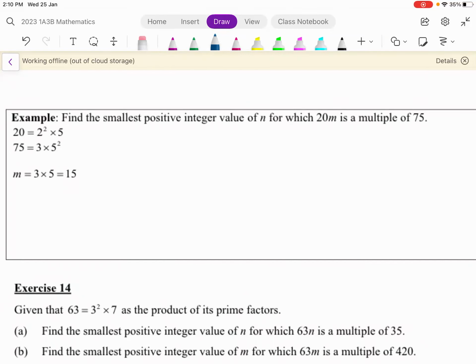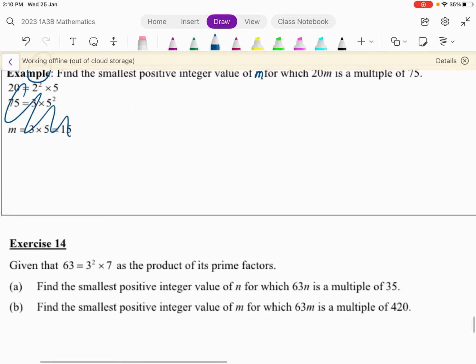Find the smallest positive integer value of m. Please change this to m, for which 20m is a multiple of 75. And then you ignore this, you do by yourself. I didn't say whether it's correct or wrong, okay? But just try this. And then the last one, 14.